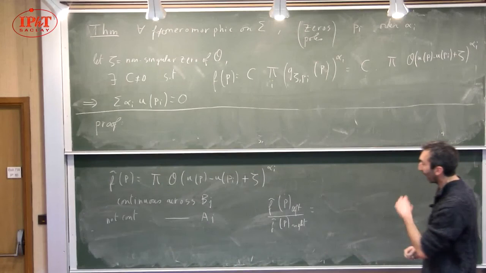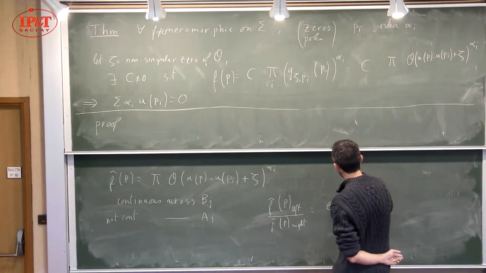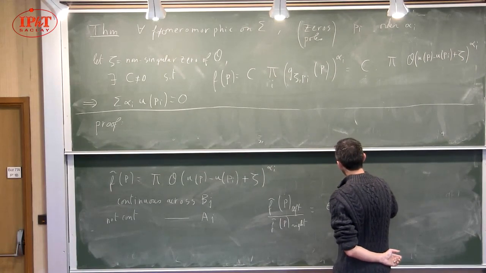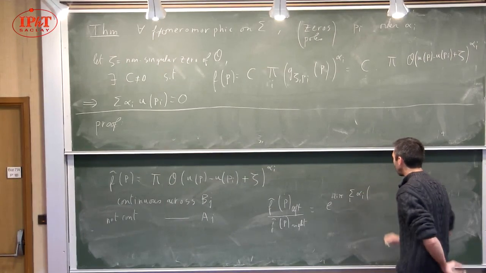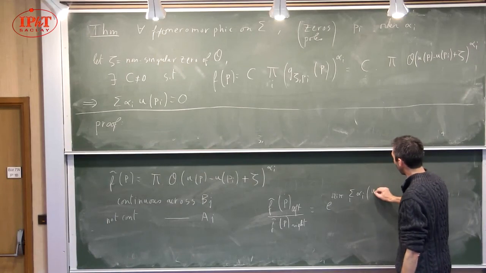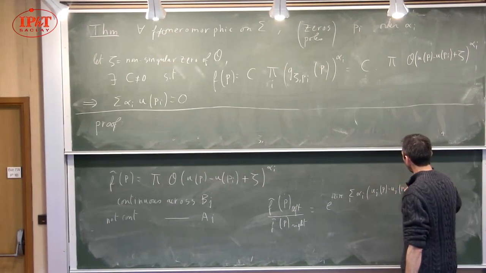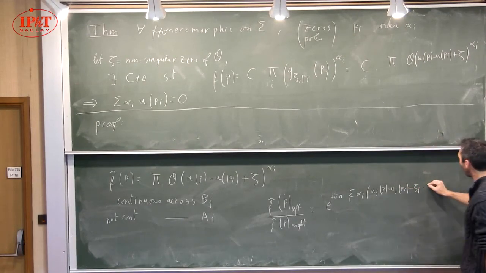Remember, this is the exponential of minus 2 i pi sum over i of alpha i times u_j of p minus u_j of pi minus theta_j minus 1/2 of tau_jj.